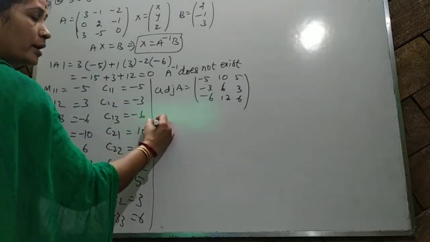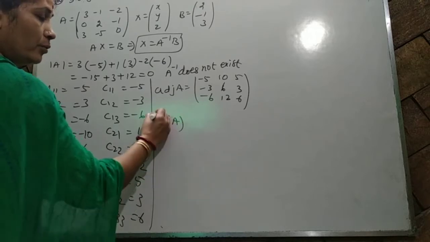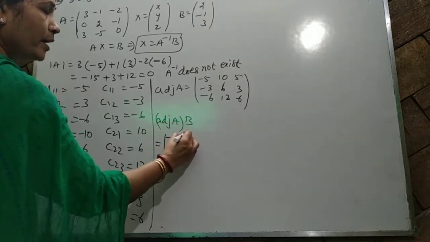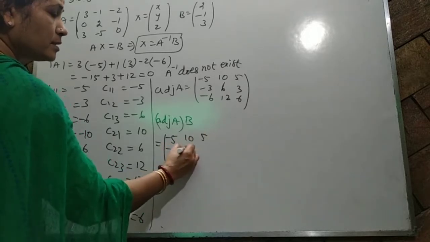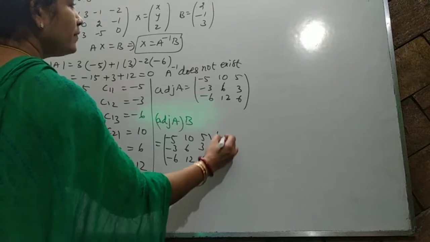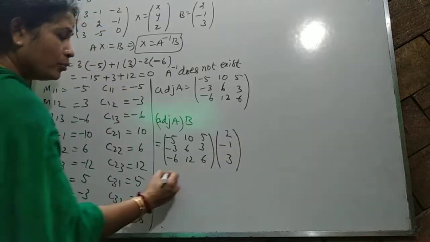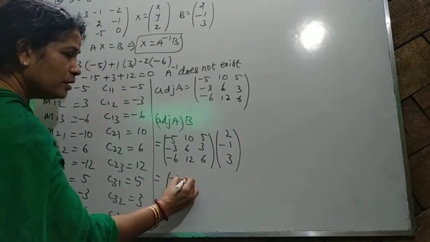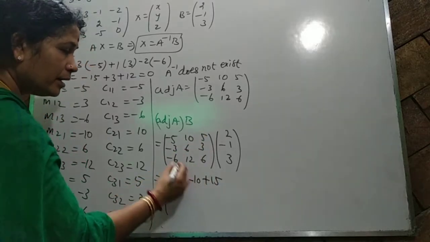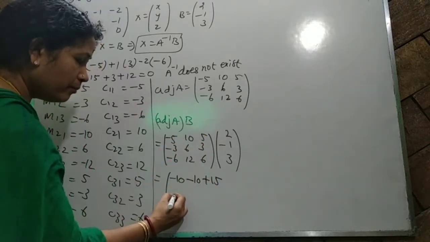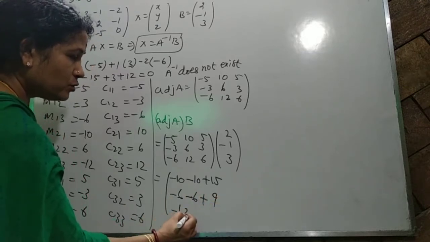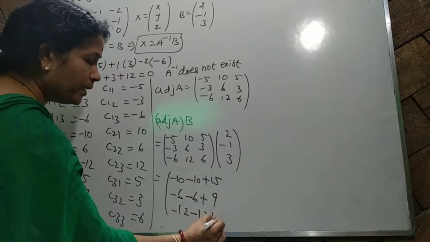Now we have to find what? Adjoint of A into B. Depending on that we will proceed. Adjoint of A into B: minus 5, 10, 5, minus 3, 6, 3, and then minus 6, 12, 6, into the B matrix, 2, minus 1, 3. Now that is equal to what? Minus 10 and then plus 15, and then the next row minus 6, and then minus 6 plus 9, and then minus 12 plus 18.